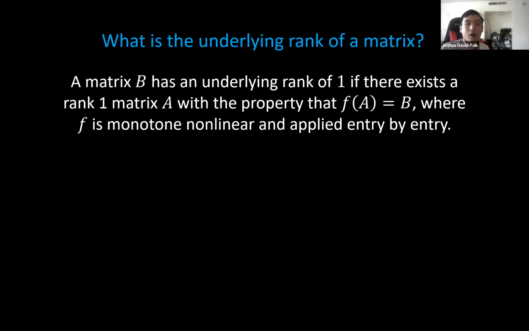Another way to say it: a matrix B has an underlying rank of 1 if there exists a rank 1 matrix A such that if we apply a monotone nonlinearity F to every entry of A, we produce B. A and B have the same ordering of entries, and A is rank 1. Then B has underlying rank 1.